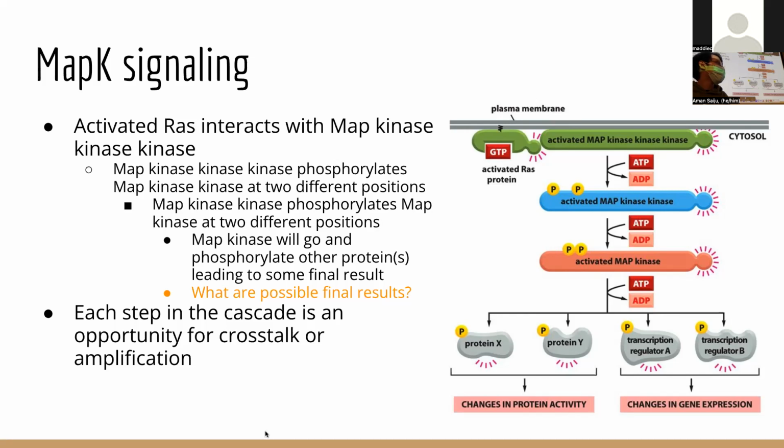Changes in protein activity. This one right here is why amplification and multiple steps is so important, right? Because we're talking about a cell and you're trying to change protein A, and there are 400 protein A's running around in a cell. You need a whole lot of whatever this is to change every single one of those 400 protein A's, right? Just to get random diffusion to increase your chances, you're probably going to want at least 1,000 of these for 400 of these, to hit every single one of those 400.